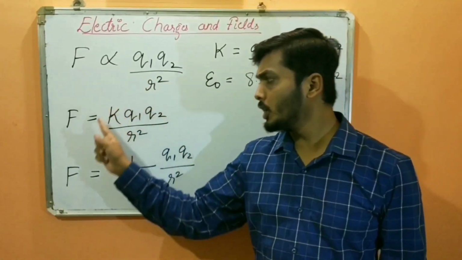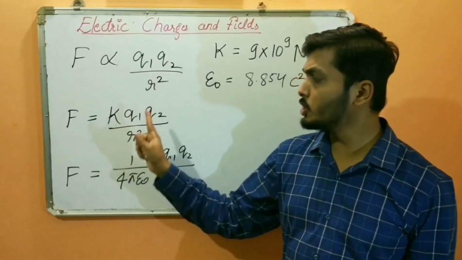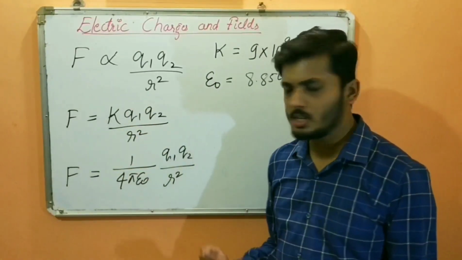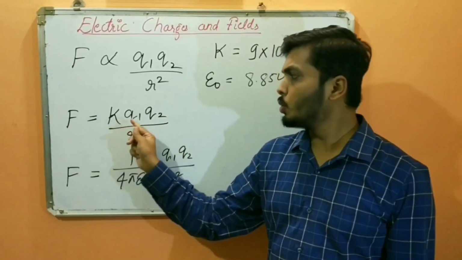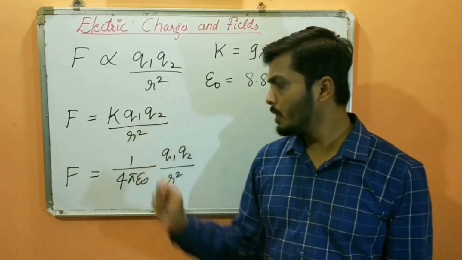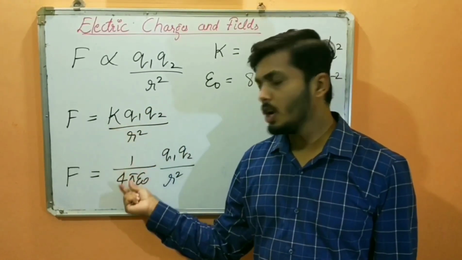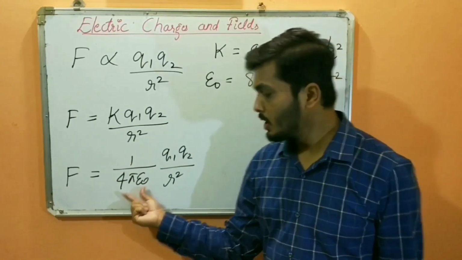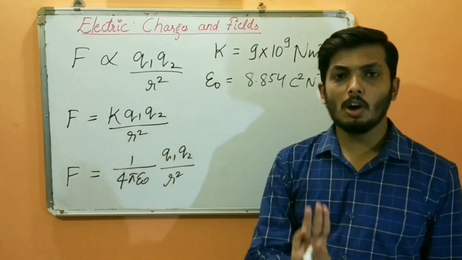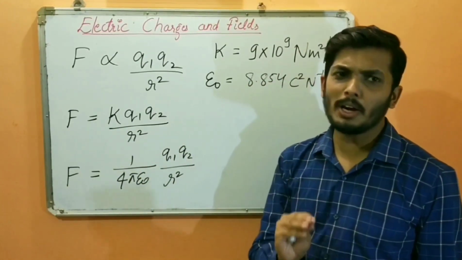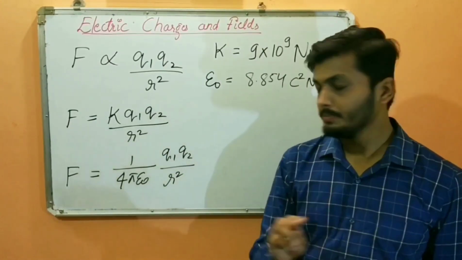So remove this proportionality, you are going to get a constant K, which is known as electrostatic force constant, where F is equal to K Q1 Q2 divided by R square. So value of K is 1 upon 4 pi epsilon naught, where epsilon naught is permittivity of free space. I'll come back to the permittivity concept, don't worry.